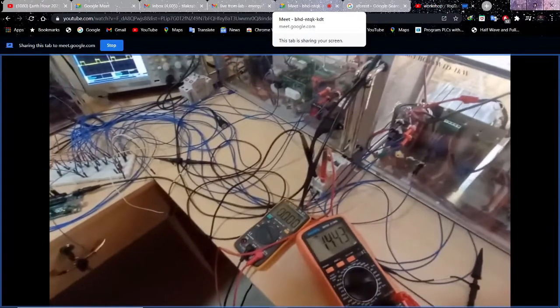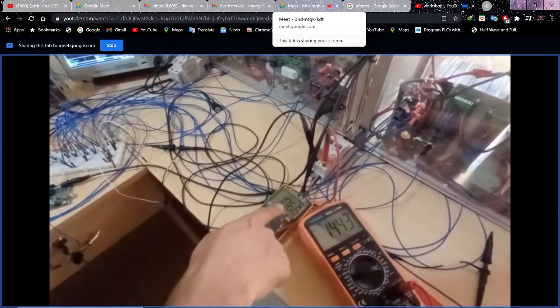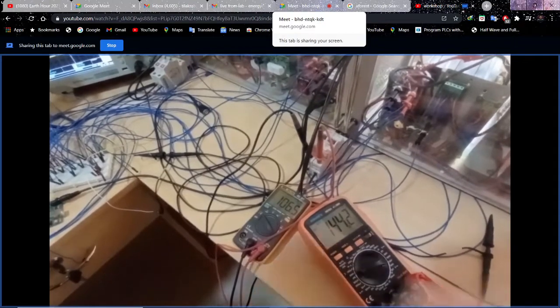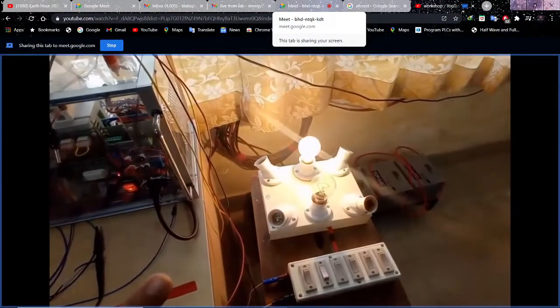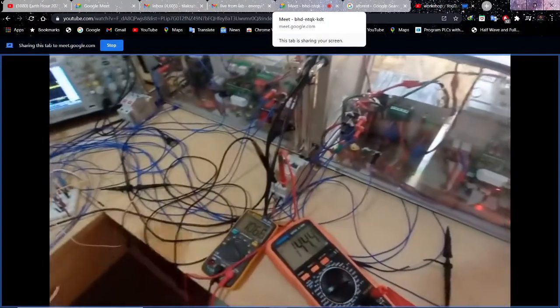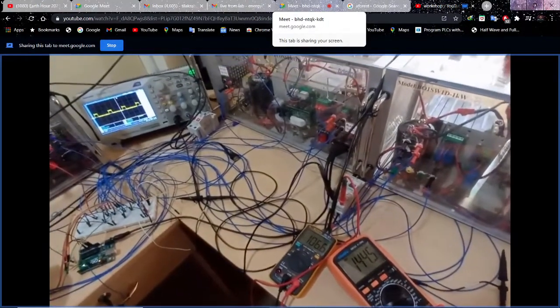Here input is 106, output is 144. We have given load; this is the load we have turned on. So you can see there is a boost up.